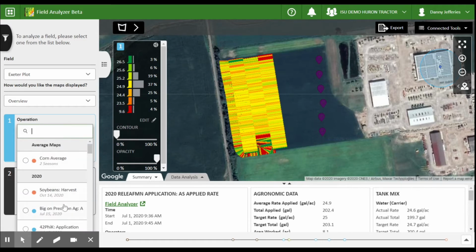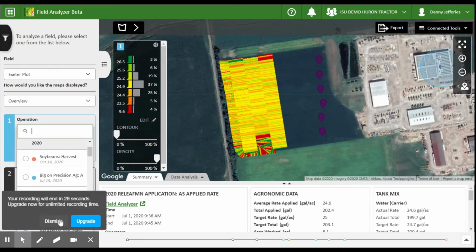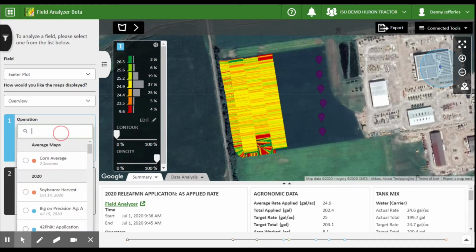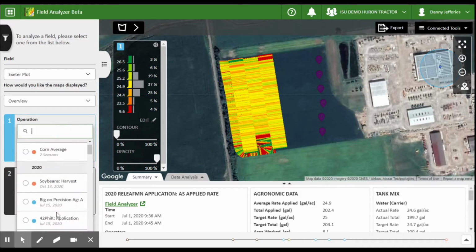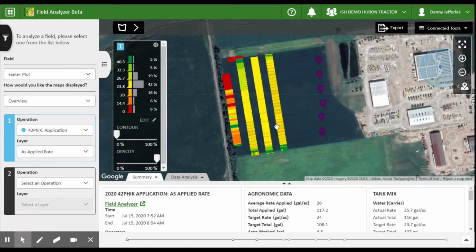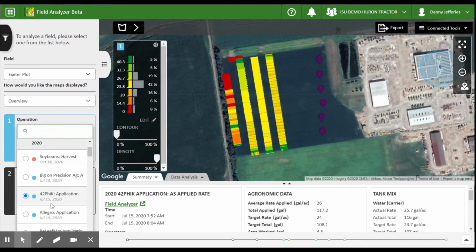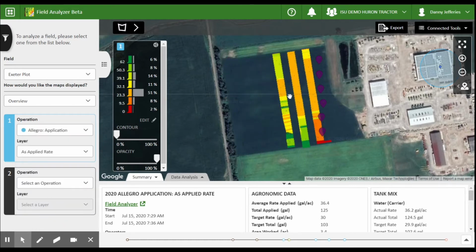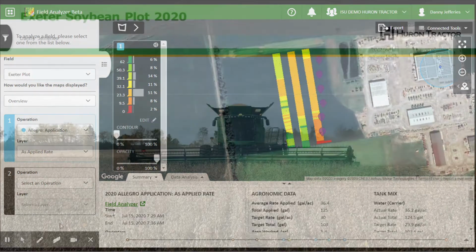We then came back to the same back area on July the 15th, where we applied Fortify K to a portion of that back half, alternating passes. So we had places where we applied both, and places where we only applied the Relief MN. So this 4 to 5K is a potassium foliar fertilizer. Lastly, we also had an Allegro application here on the front where we alternated passes of fungicide without fungicide.